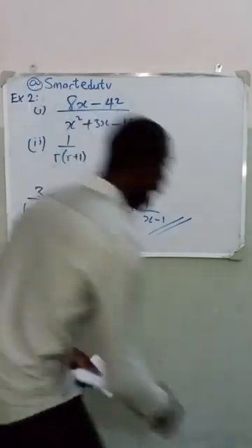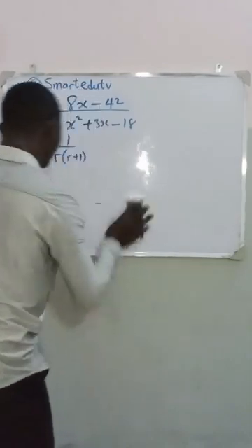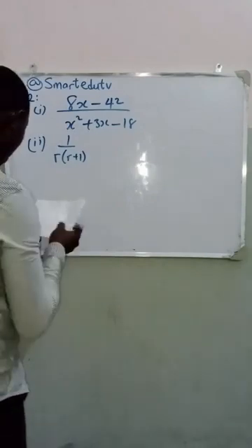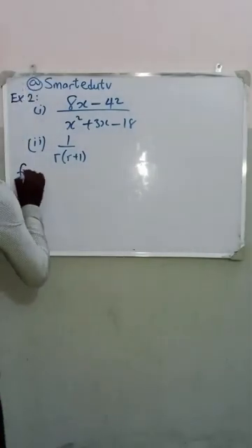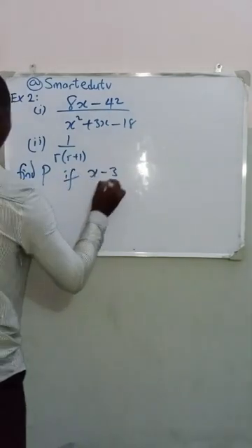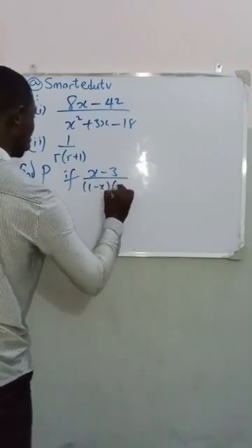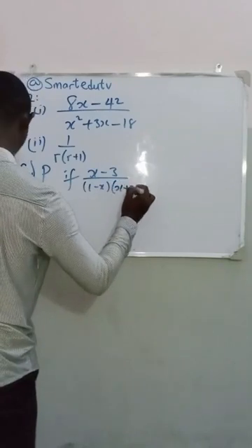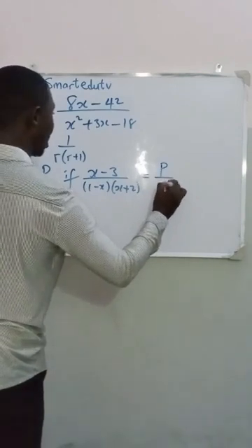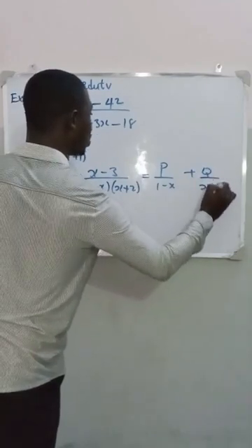The next example we are going to look at is also like this. They said find p if x minus 3 over 1 minus x into x plus 2 equals p over 1 minus x plus q over x plus 2.